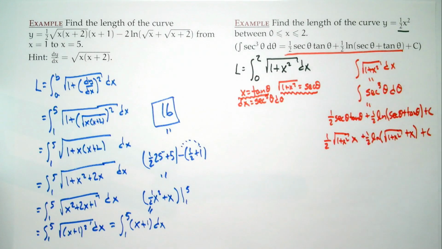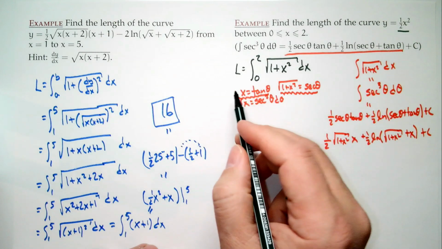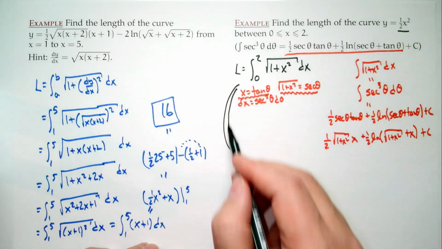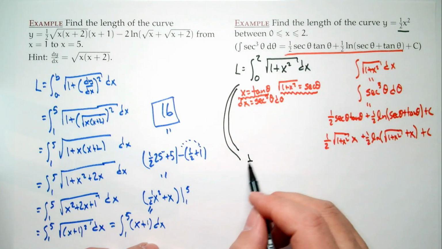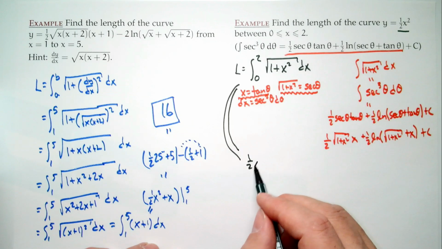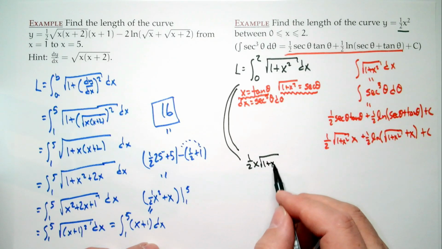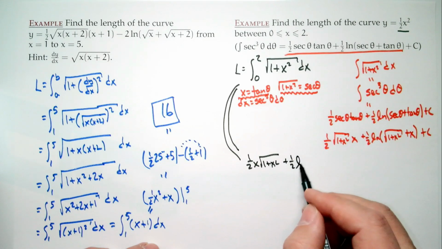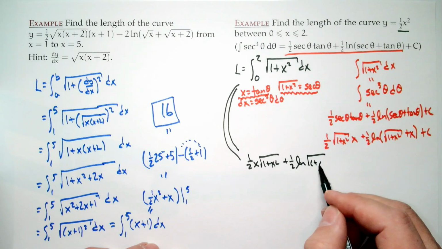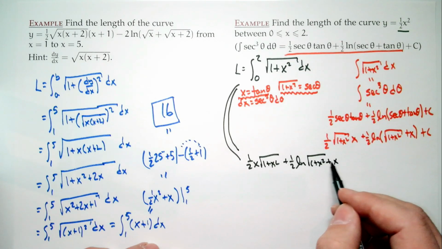Okay, so that's the integral. So now we're ready to pick back up. So this is going to be equal to that expression, 1/2 x square root of 1 plus x squared plus 1/2 natural log of square root of 1 plus x squared plus x.